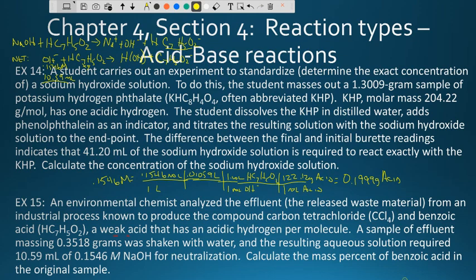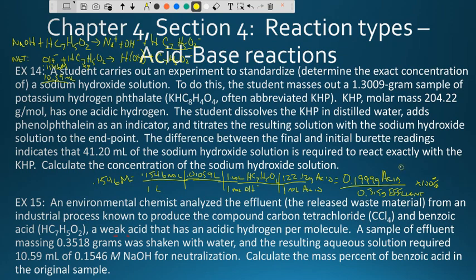Okay, now the question is asking the mass percent of benzoic acid in the original sample. Now remember what mass percent is. Mass percent is grams of the piece divided by grams of the entire thing. So I had this many grams of the acid, and how much effluent did I have? I had 0.315 grams of the effluent, times 100% to give me my percent distribution, okay, mass percent.